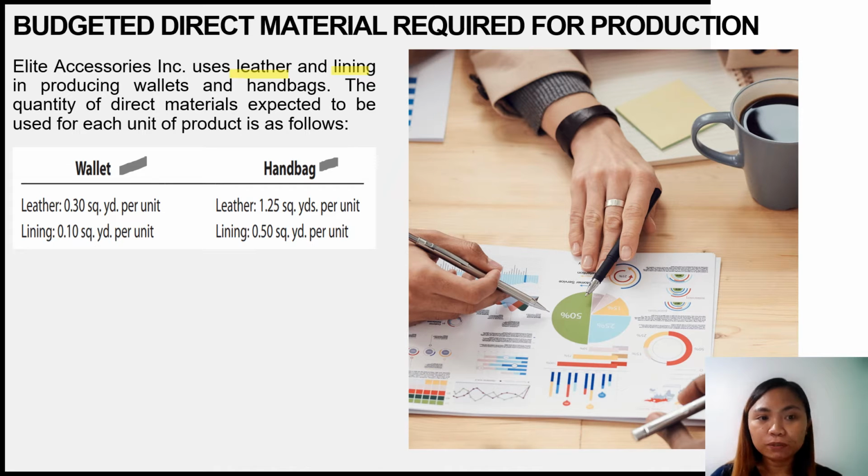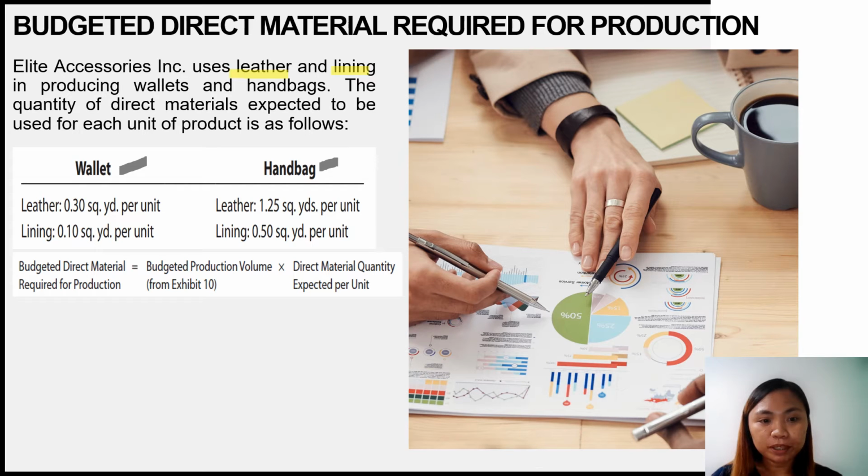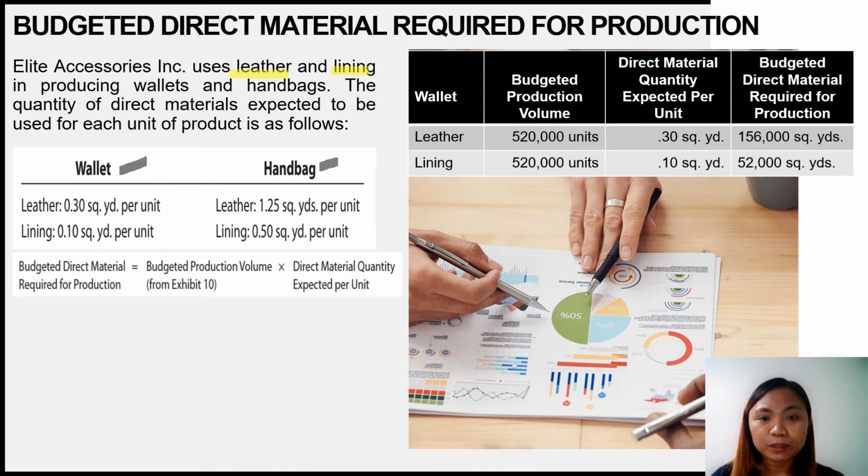To compute for the budgeted direct material required for production, we should use the formula budgeted production volume times direct material quantity expected per unit. This is how it is computed. For the wallet, the leather needed is 520,000 times 0.30 square yard, which is equal to 156,000 square yards.